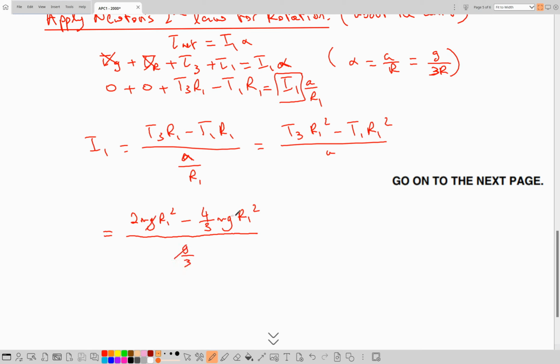Now here g with g would cancel, 3 goes up, that would be 3 into 2 R1 square minus 4 over 3 R1 square.